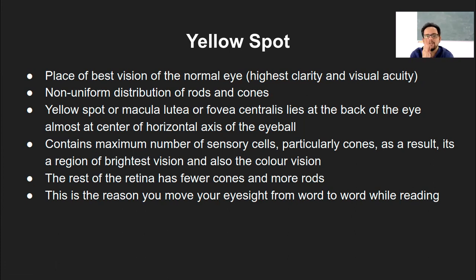The reason is the yellow spot, because for every word, your eyes try to bring it onto the yellow spot at one particular time. And when you have to read the next word, the yellow spot will try to bring it into sight. Of course, it is within the sight, but at the best vision point. That's how you keep moving your eyesight from word to word while reading.